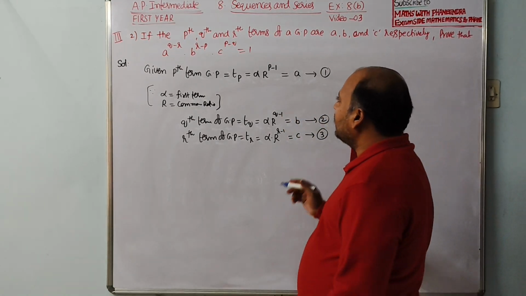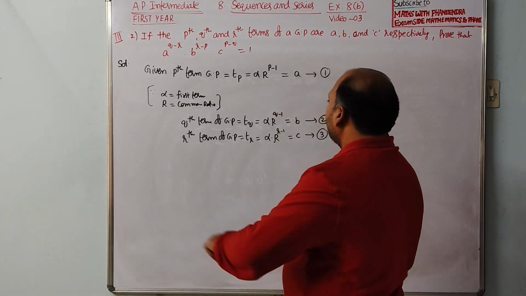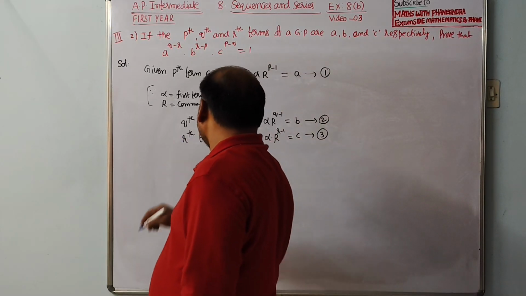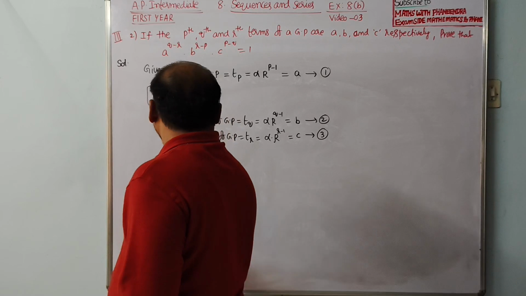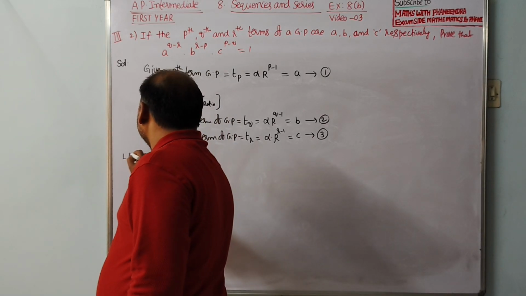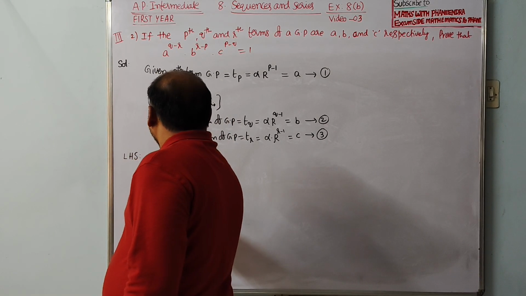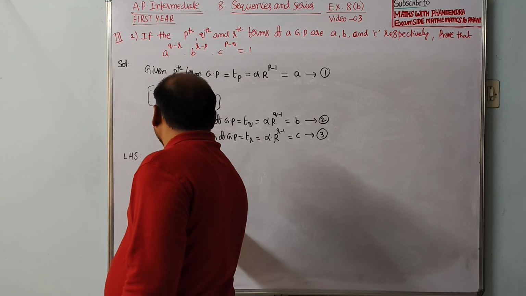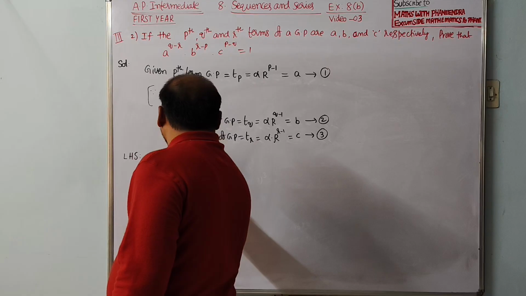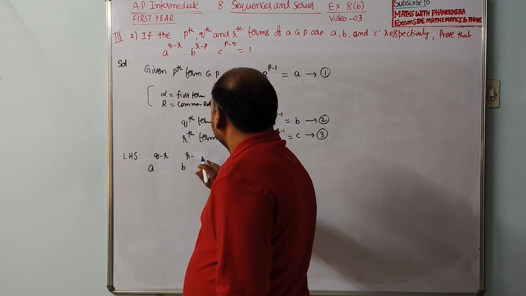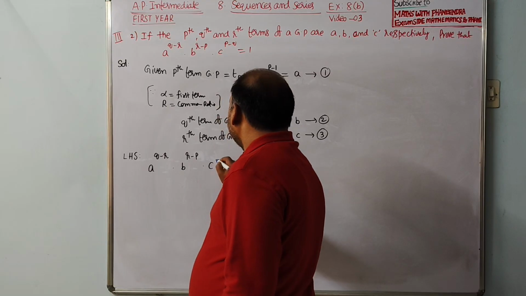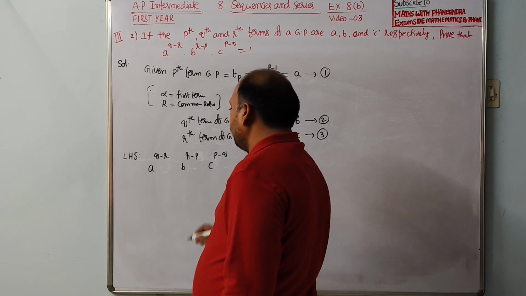Okay, students, I hope you understand. So now one by one we will take it. So from LHS, a power q minus r into b power r minus p into c power p minus q.